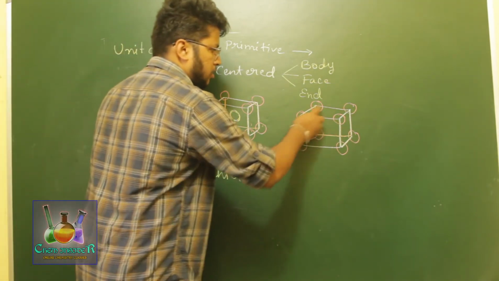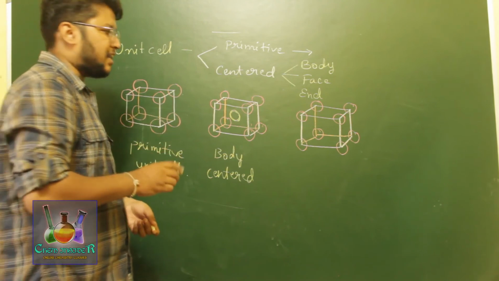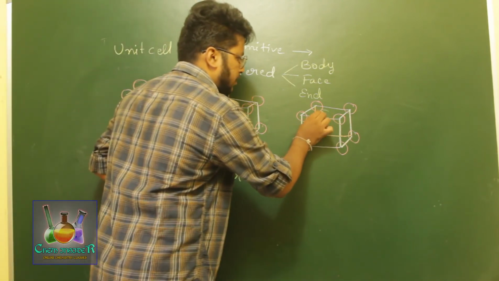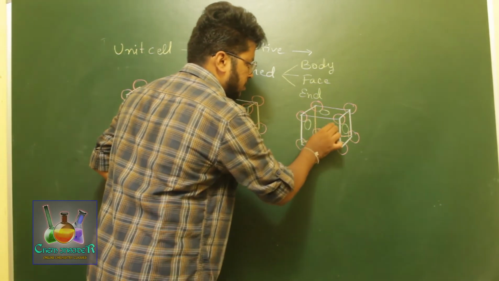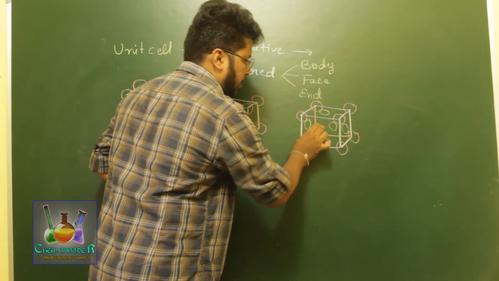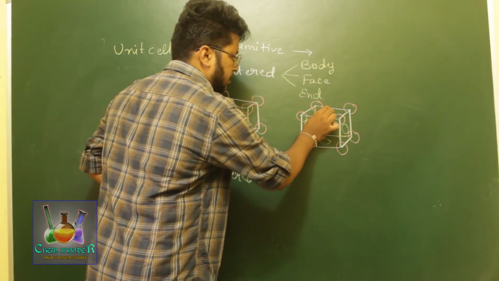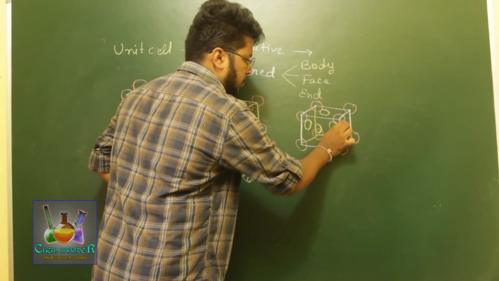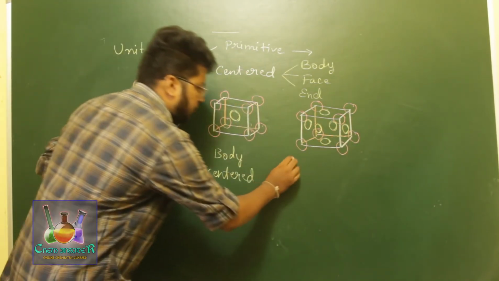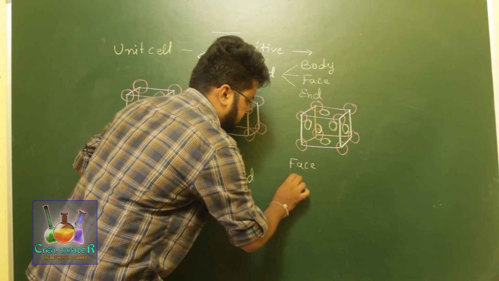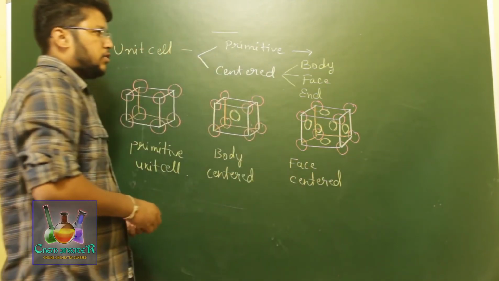A cube has 6 faces, one behind and one up front, and it has an atom at the center of each. This type is called a face centered unit cell.